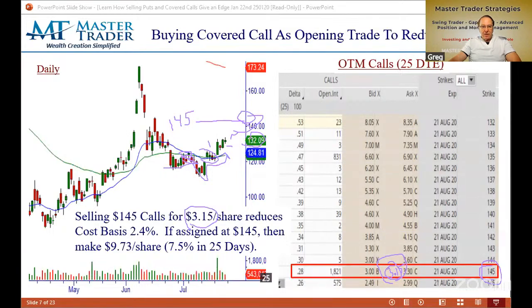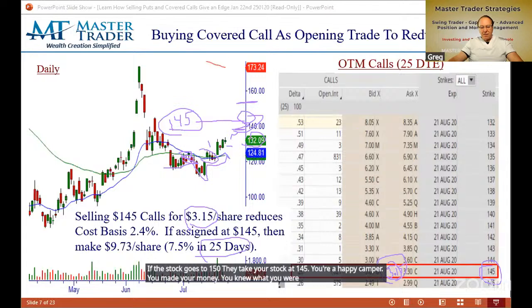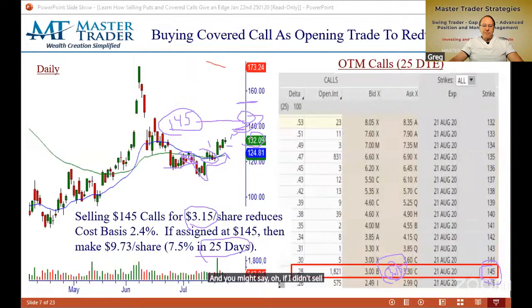Let's say that 25 days passes and the stock is at 140. You still get to keep the stock. If the stock goes to 150, they take your stock at 145. You're a happy camper. You made your money. You knew what you were doing from the get-go. And you might say, oh, if I didn't sell that, I would have made that extra, whatever.